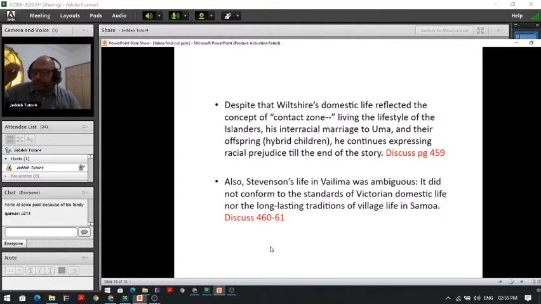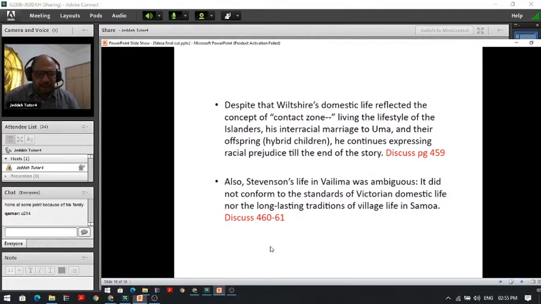So despite Wiltshire's domestic life, and despite the fact that his domestic life is a reflection and a representation of the idea of contact zone, I mean, he is a good example of that, he and his family, now that he's living the lifestyle of the islands, his interracial marriage to Uma and their offspring, despite all of that, he continues expressing racial prejudice till the end of the story.